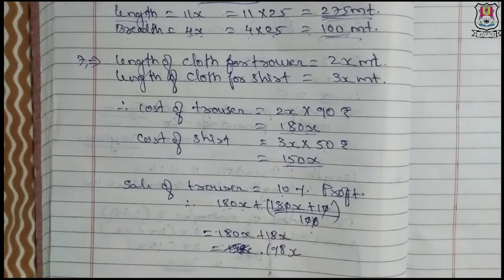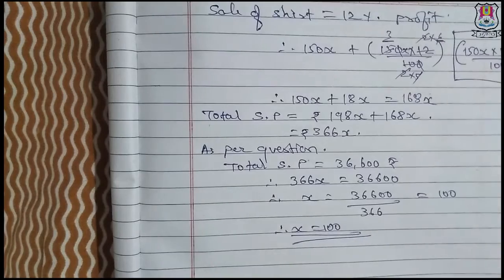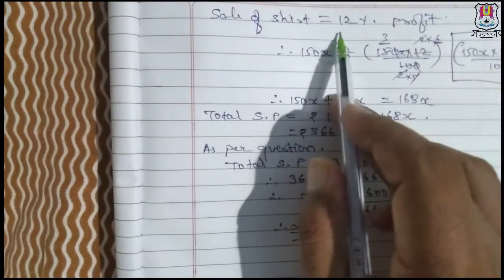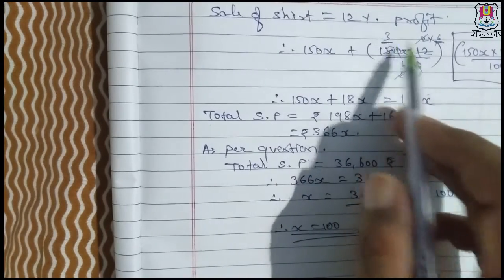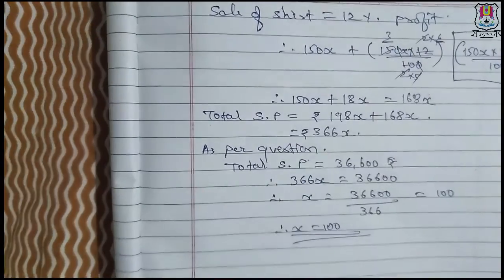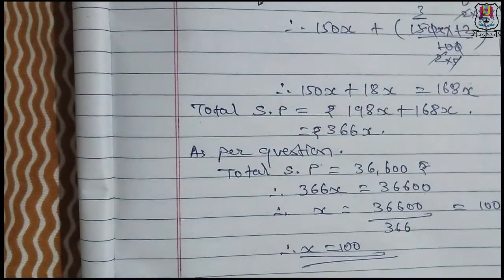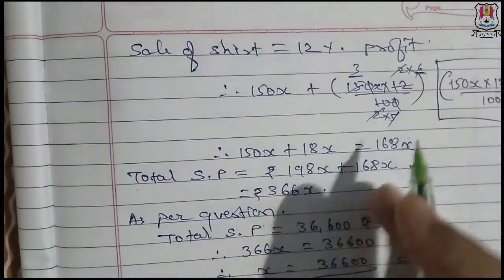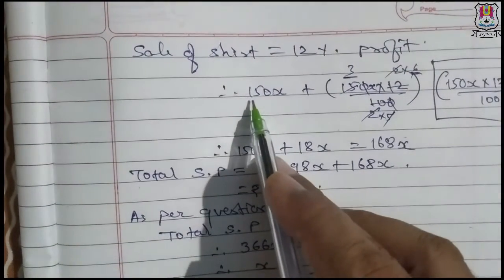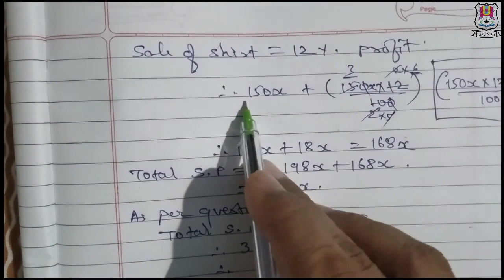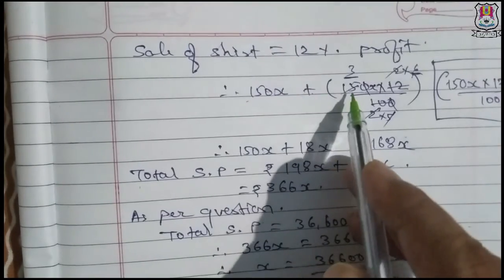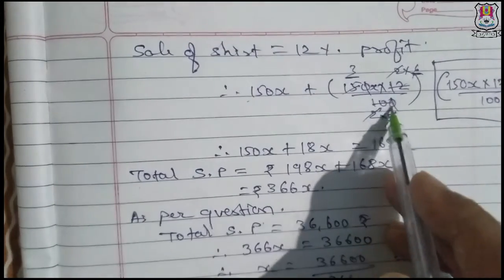In the same way, let's see for the shirt. Sale of shirt is at 12% profit. Now we have to find the 12% profit. So the sale of shirt is 150x plus 12%, which will be 150 multiplied by 12 upon 100.